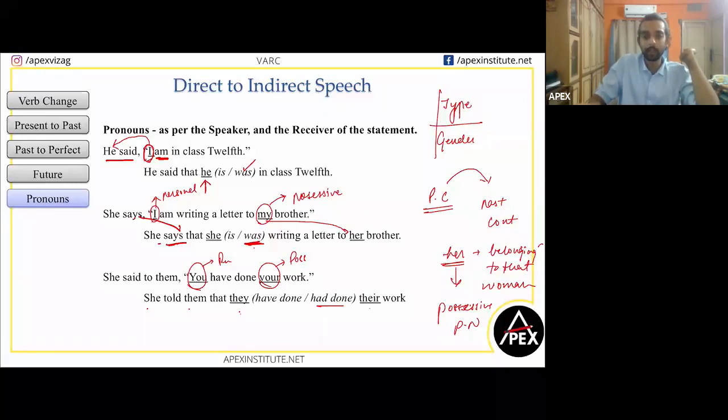Okay. So are we all clear about pronouns, how they are changing? You should always make sure that they are of the same type and they are of the same gender. What does type mean? Personal pronouns, possessive pronouns, demonstrative pronouns, like that. Gender means male or female.